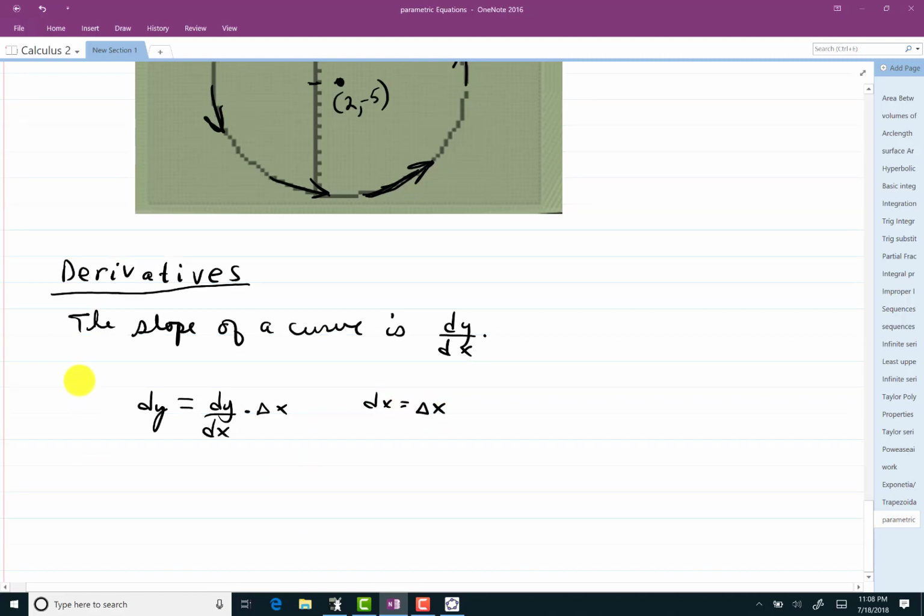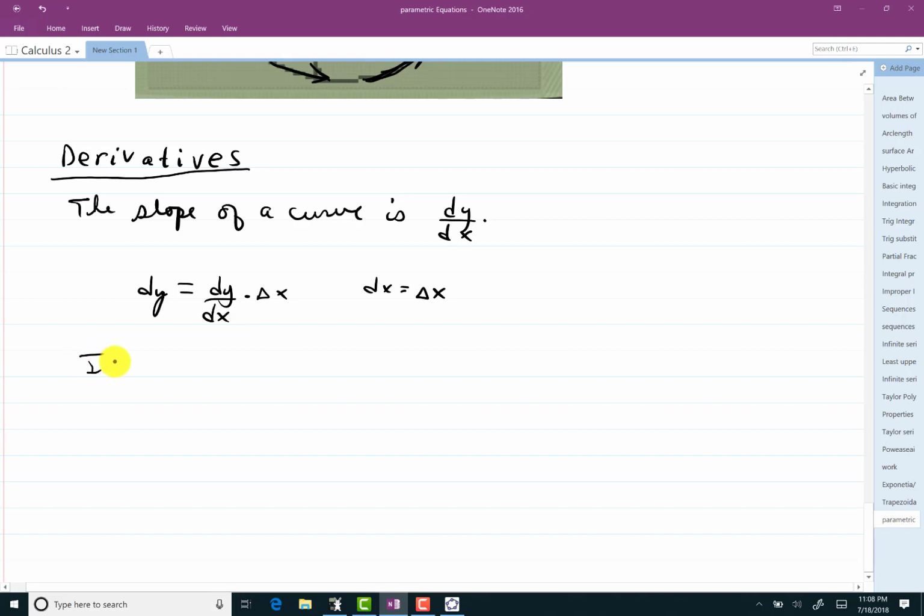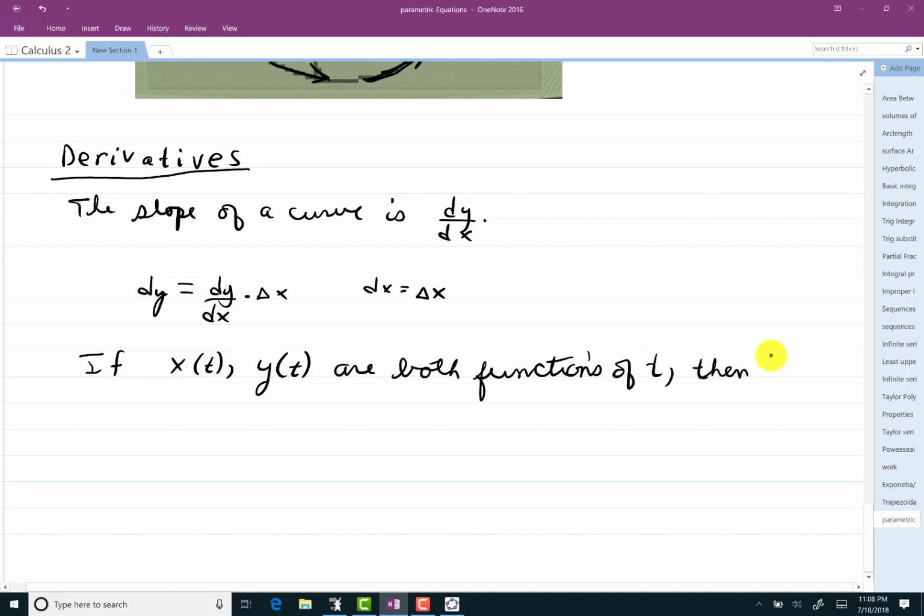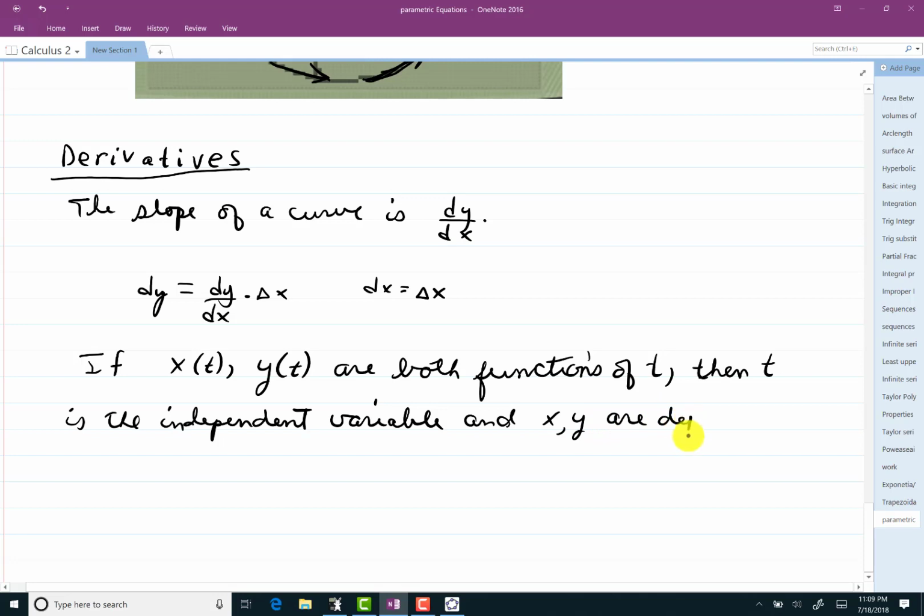Okay, now if x of t and y of t are both functions of t, then t is the independent variable and x, y are dependent variables.